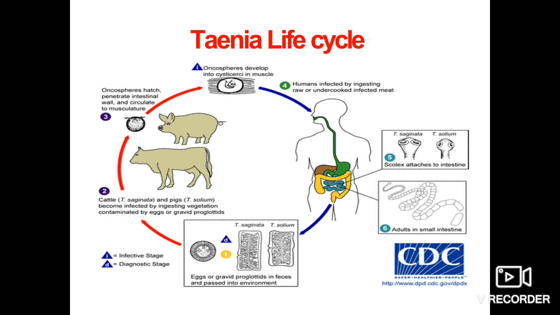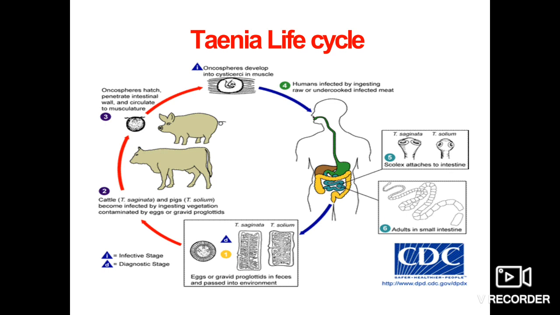The eggs are released into the environment where they can await ingestion by another host. In the secondary host, the eggs develop into oncospheres, which bore through the intestine wall and migrate to other parts of the body where they form cysticerci. The cysticerci can survive for several years in the animal.